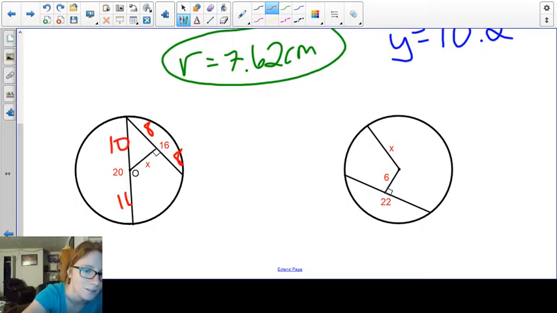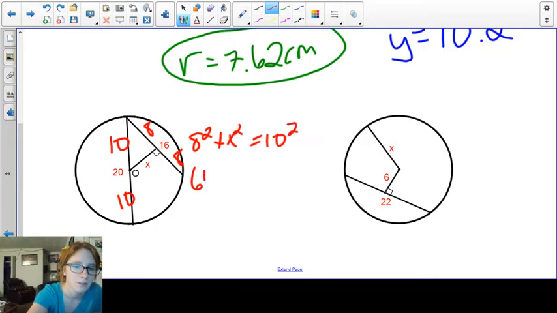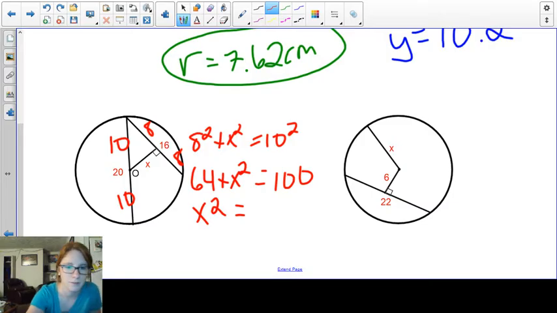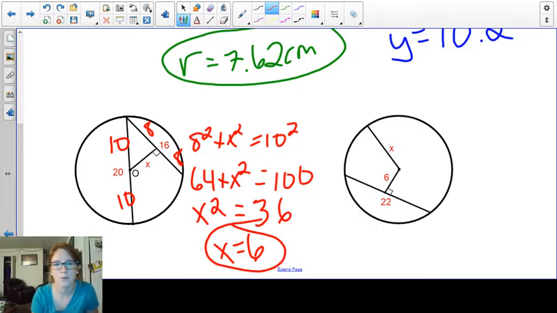So this is 10 and this is 10. So then I have 8 squared plus x squared is 10 squared. So 64 plus x squared is 100. X squared is 36. So x has to be 6. And that one didn't have any units of measurement, so we don't add any on that one.